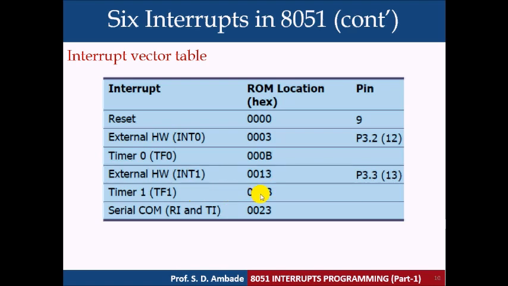So in between each interrupt vector location, there is a gap of 8 bytes. External hardware interrupt INT0 is on pin P3.2 and external hardware interrupt INT1 is on pin P3.3.